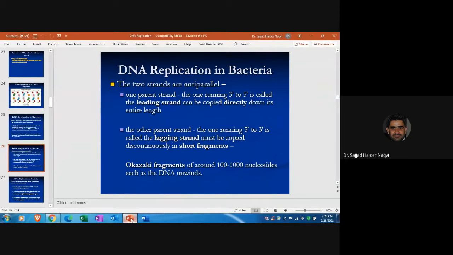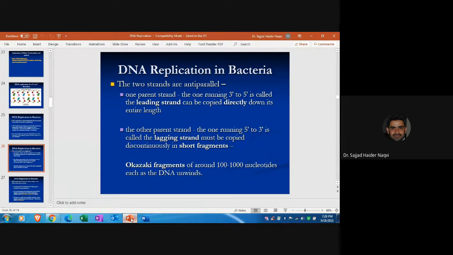Now, for the leading strand, there is no issue at all, because the leading strand is 3' to 5', and we can easily synthesize a new chain on this, which runs in 5' to 3', which is opposite in direction. But the problem comes with the lagging strand, because the lagging strand is already 5' to 3'. And how are we going to synthesize a new chain by using the lagging strand, which must be going in 5' to 3'? So that's the question, and that we're going to discuss later on.